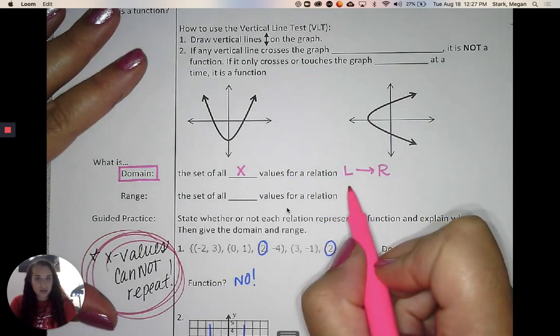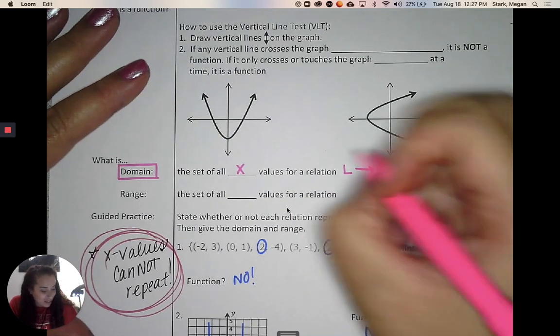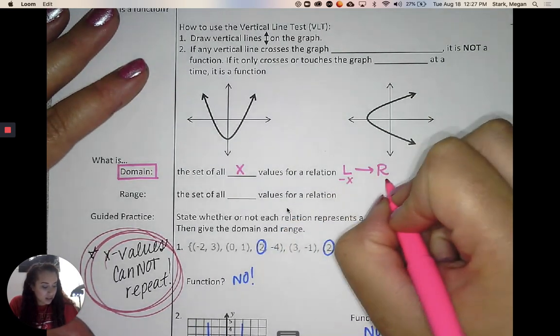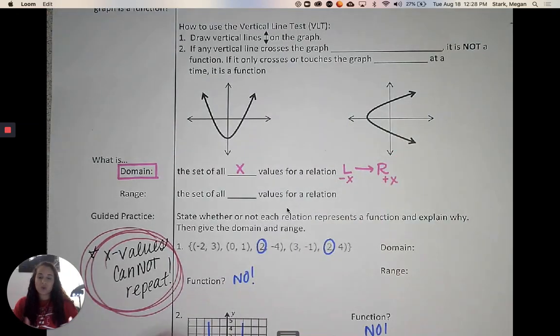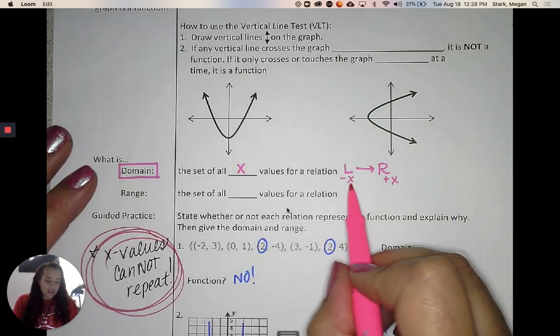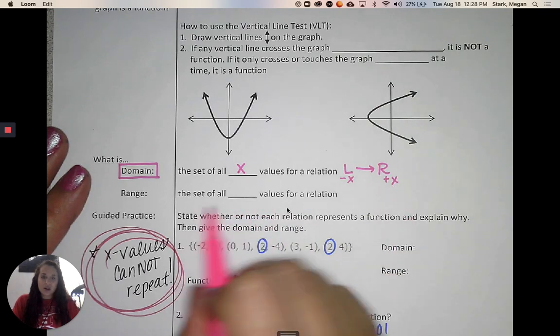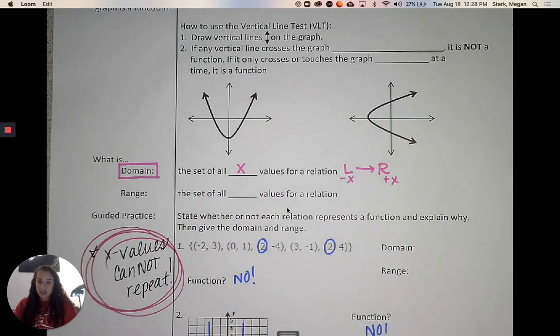Just as a reminder, our left, those are our negative x values, and our right is our positive x values. So when we list out our domain, we start with the negative x's and we go to the positive x's. So it's all the x values for a relation from smallest to largest. Okay, we just list them out.